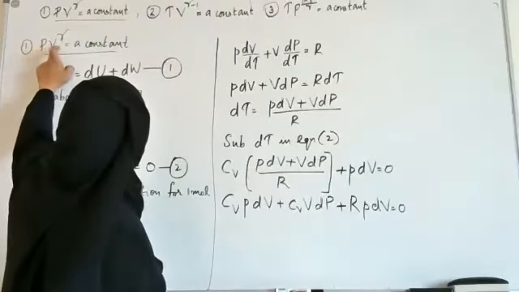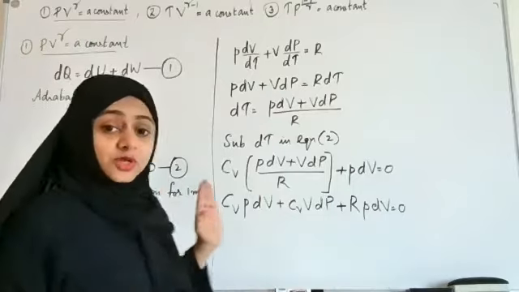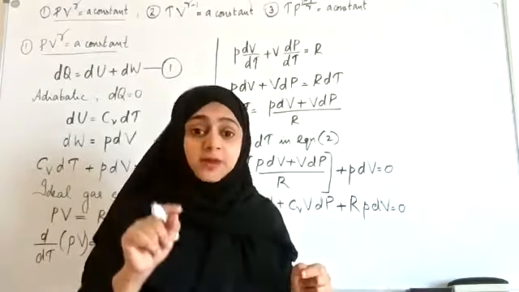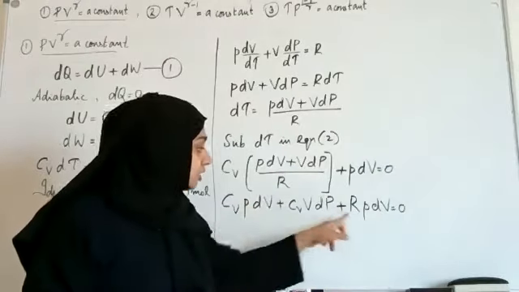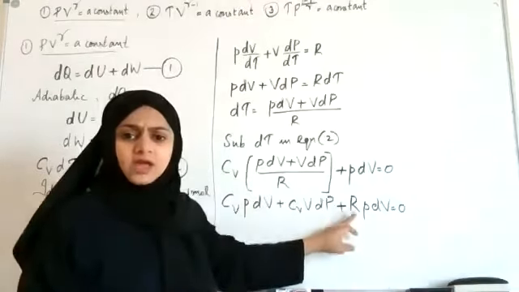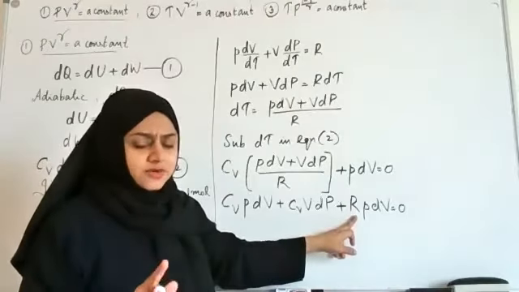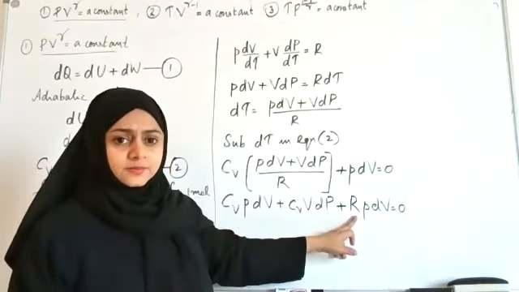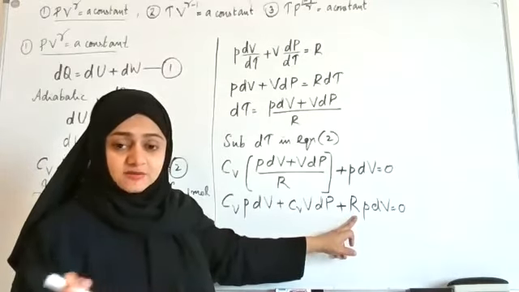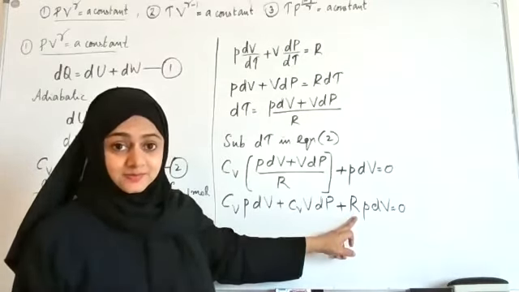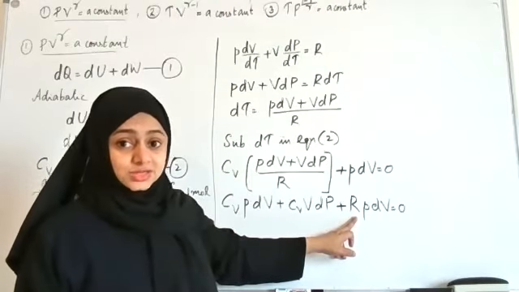Now I don't want R here because my intention is to get PV raised to gamma. We know that gamma is Cp by Cv. So let the Cv be there, but I don't want R. How can we replace R in terms of Cp and Cv? What is the relation between Cp, Cv and R? We learned it yesterday.